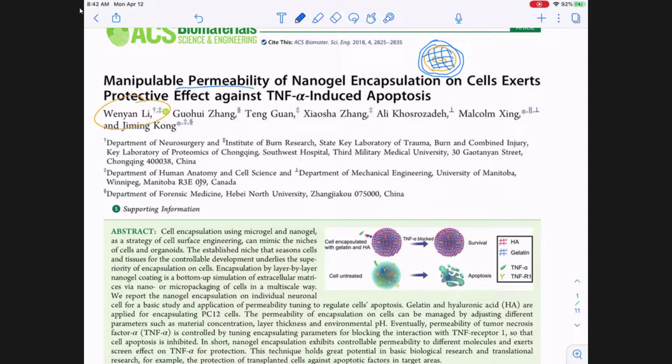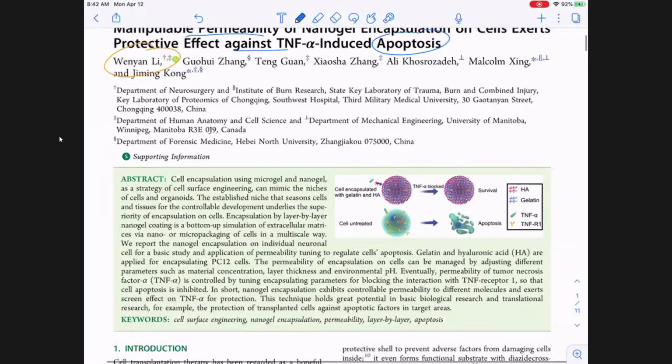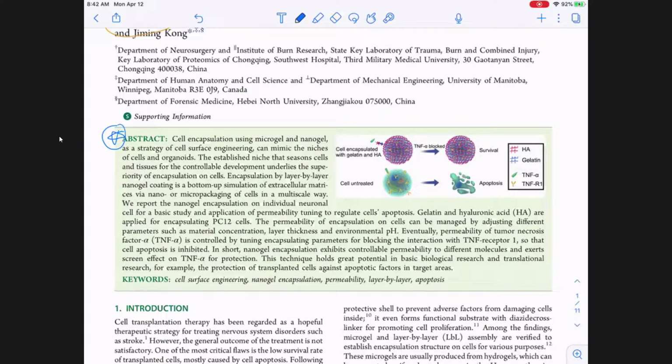So the porosity and permeability of this nanogel, because it's a nano coating on the cell, protects against cell apoptosis, which means cell death. So first we have the abstract. This is cell encapsulation using macro gel or nanogel, meaning the gel could be at nano level or macro level, for cell surface engineering to mimic the niche, meaning the microenvironment of the cell living.